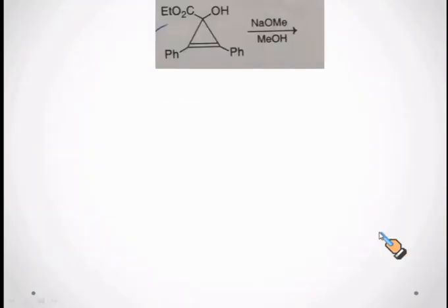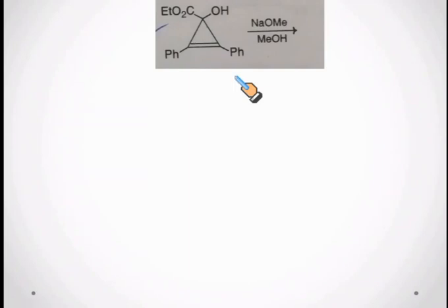If it attacked this carbonyl carbon, it would form a 4-membered ring which suffers from angle strain, and due to this reason the attack takes place at this carbonyl carbon and generates the compound which then takes up a proton and forms this compound.